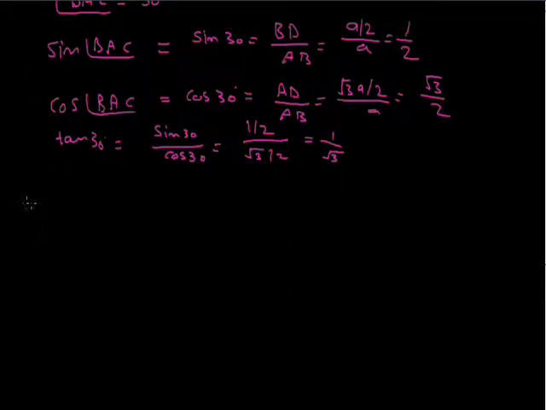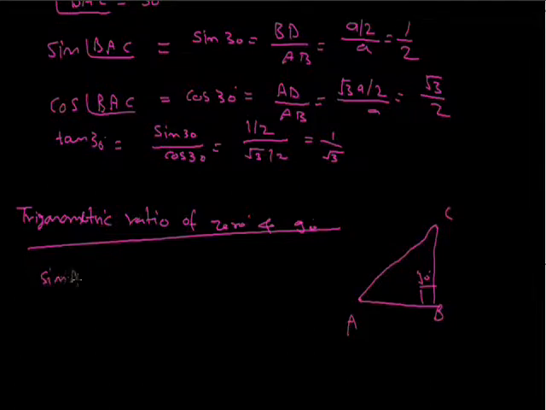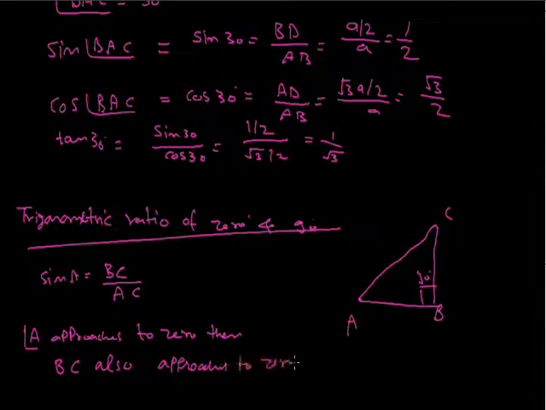Trigonometric ratios of 0 degree and 90 degree. Again we draw a right angle triangle ABC. Now we know sin A equals BC by AC. When angle A approaches 0, then BC also approaches 0.